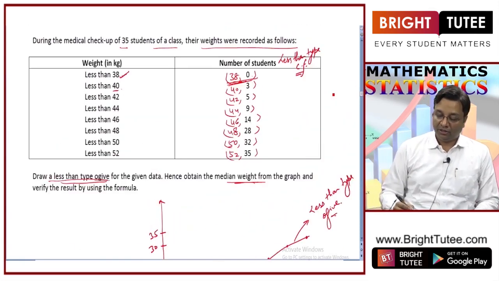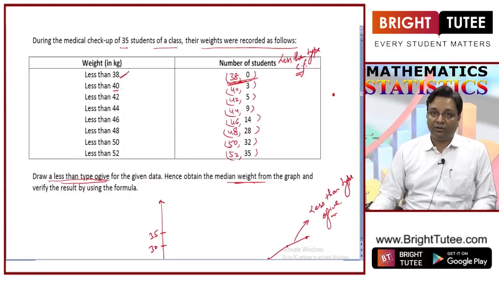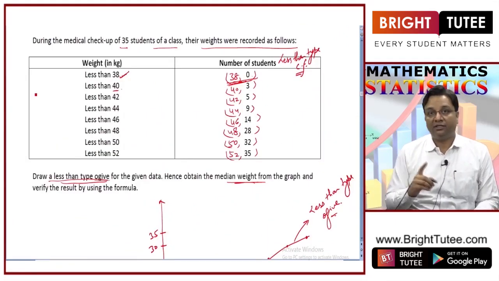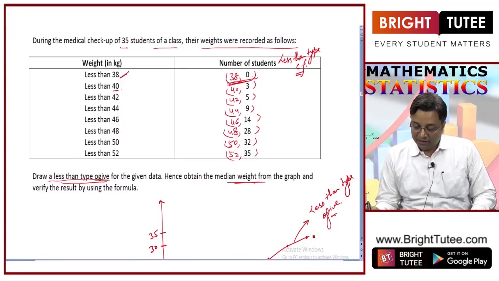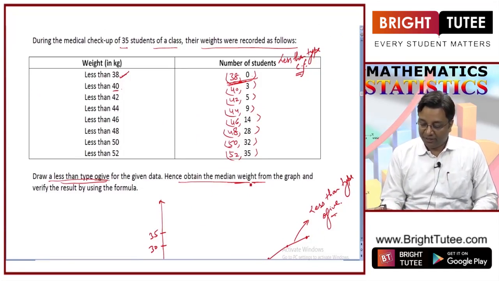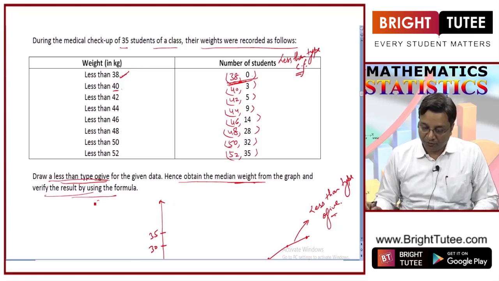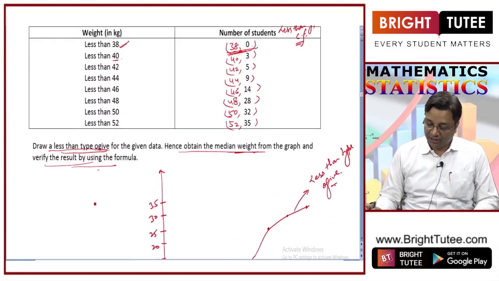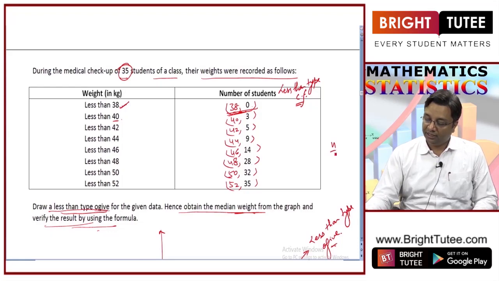Okay. Also take care that whenever there is a class distribution, right, then the class distribution should be continuous. Okay. Now this is the less than type ogive. We need to obtain median weight from the graph and verify the result using the formula also. So using the graph, what is the total number of students? 35. So what is the n by 2?